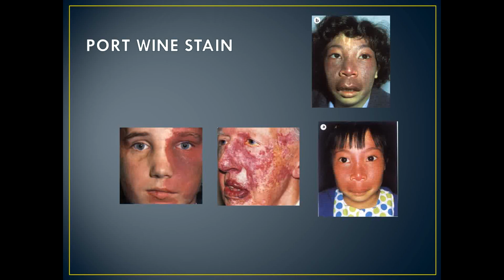Port wine stain. Also, although it is less common in our country, in white races and in East Asia, there are people with the large hemangioma involving the face and lids. It is associated with glaucoma.